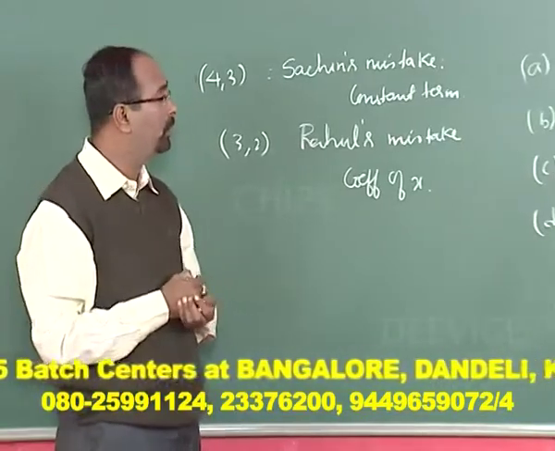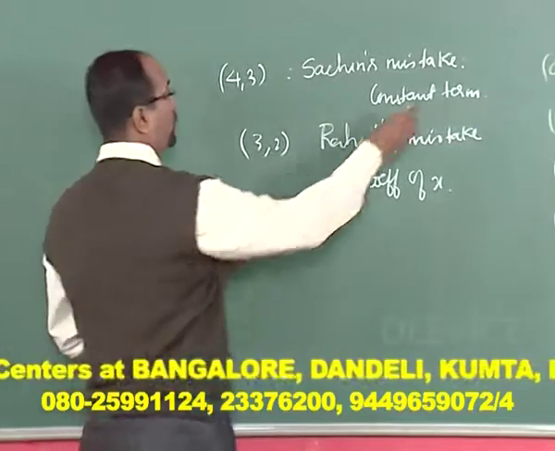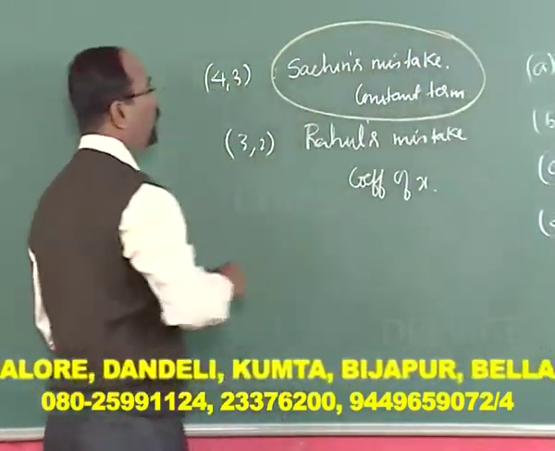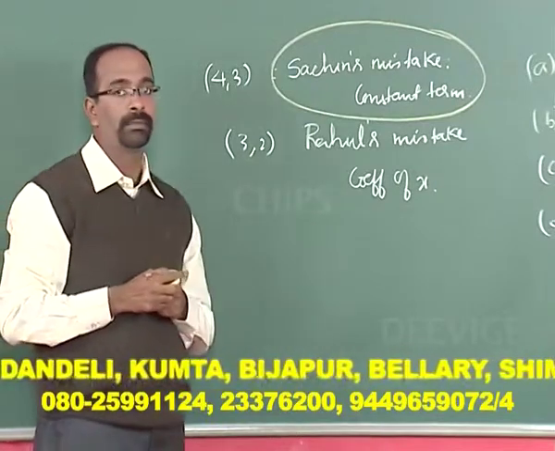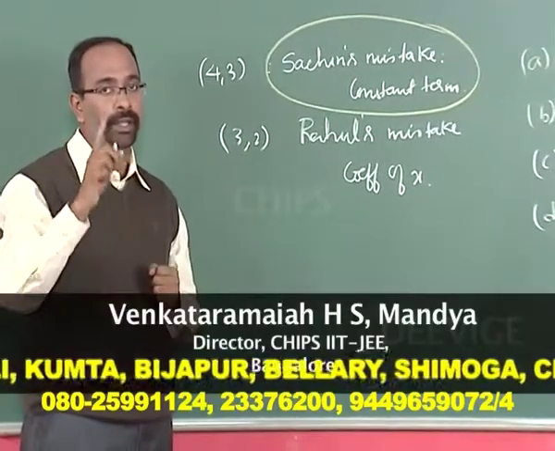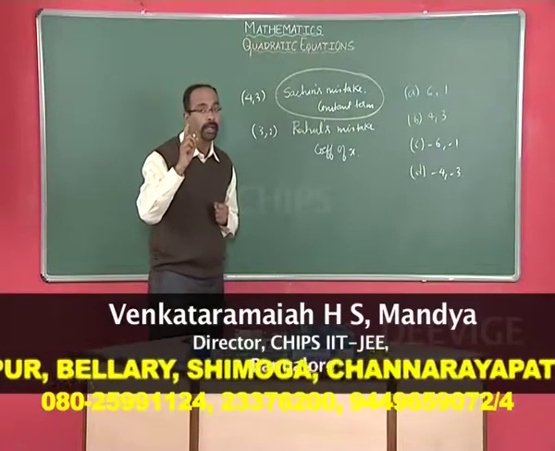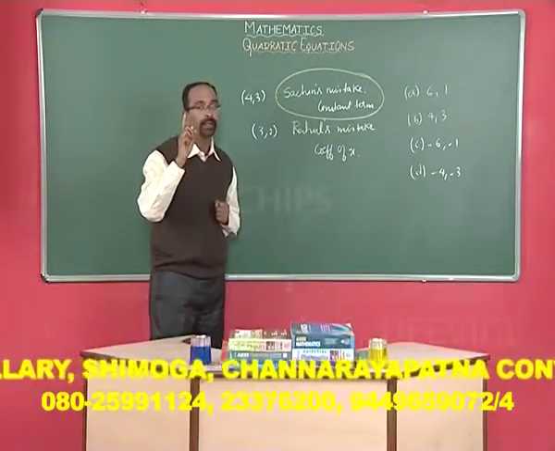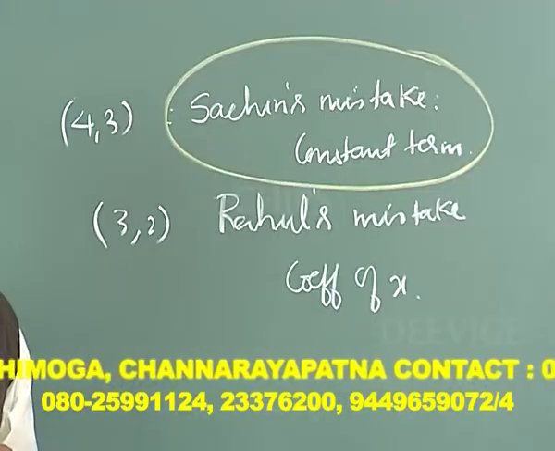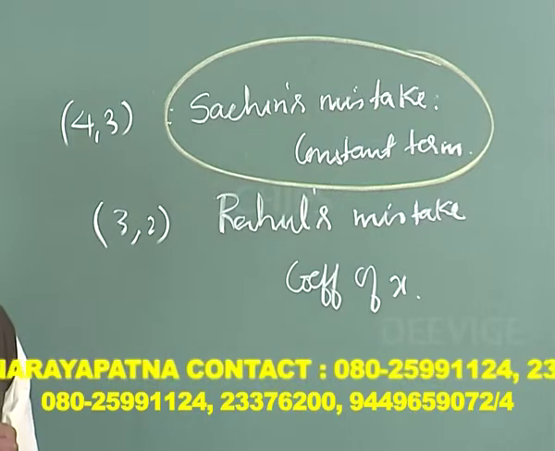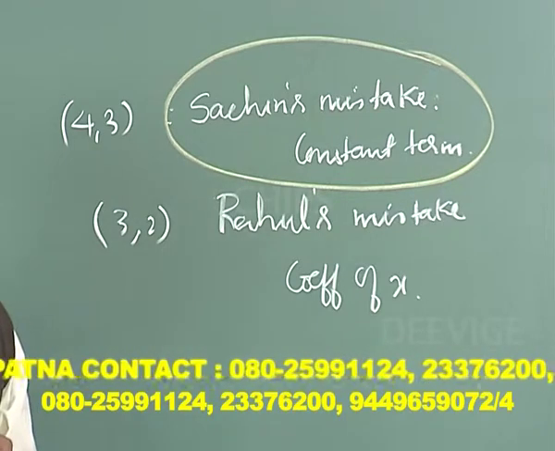Look at this. What is the mistake of Sachin? He has done the mistake in taking the constant term. If he has done the mistake in taking the constant term, then he should have written the coefficient of x as correct. That means to say he has done the mistake in the product of the roots but not in the sum of the roots.